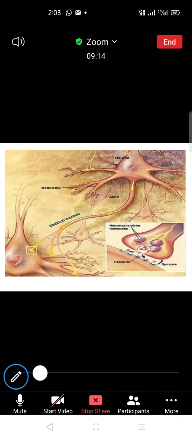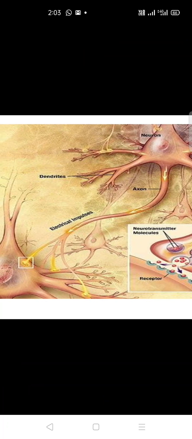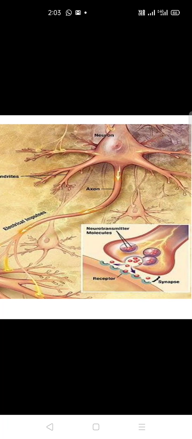So this is how a synapse occurs. You can see in this diagram how the electrical stimulus from the axon travels to another axon or to the dendron, and then how the neurotransmitter is released. See the diagram which is present inside the box. You can see the lower end of the axon having the vesicles.